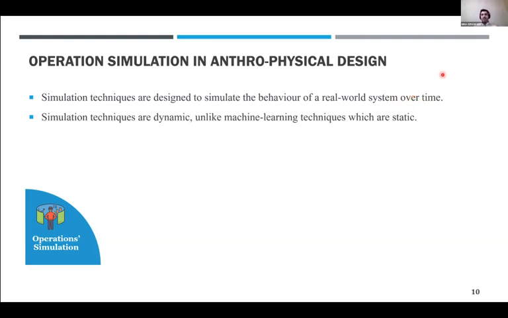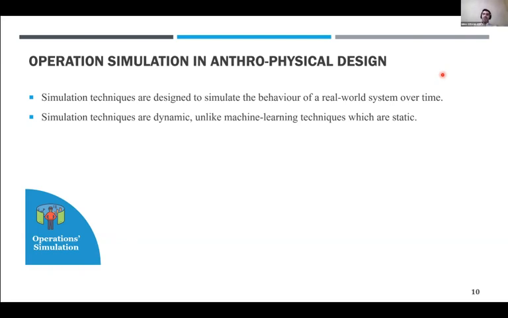Machine learning, for example, is set up to predict something one off, one at a time. LSTMs are a little more advanced in that regard, but not to the level that simulation techniques are. Simulation techniques are dynamic, unlike machine learning, which is static.